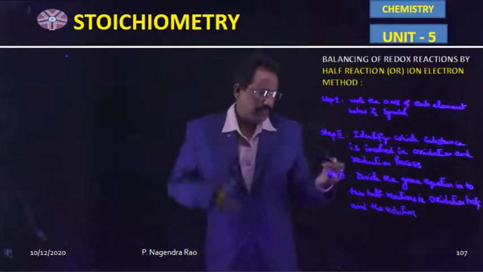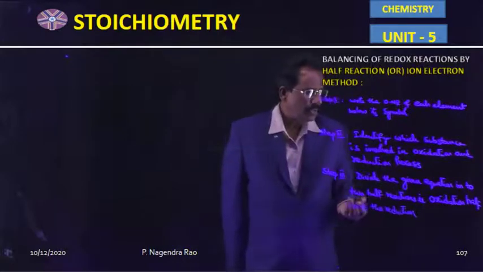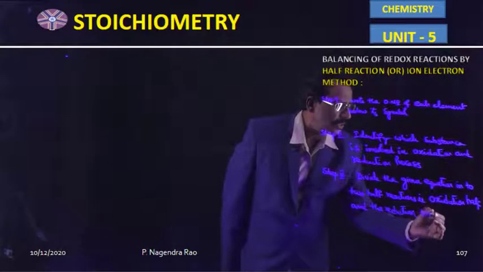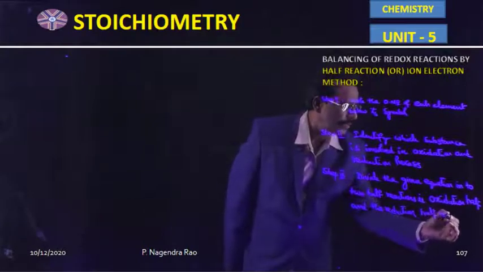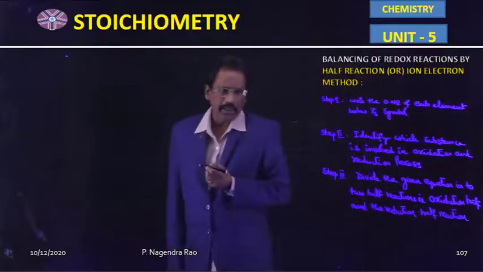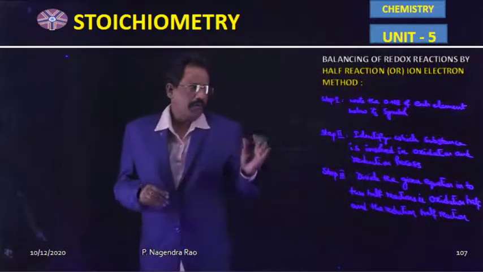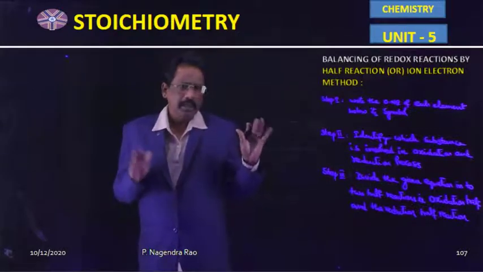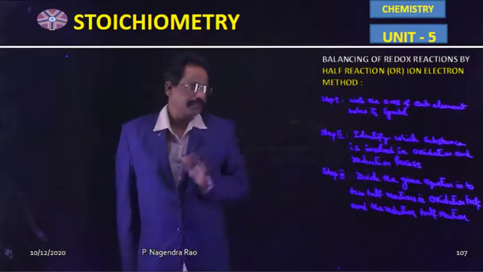Divide the given equation into oxidation half reaction and reduction half reaction. That's why this method is known as the half reaction method. Another name is the ion electron method.